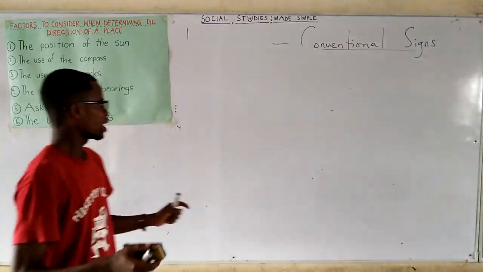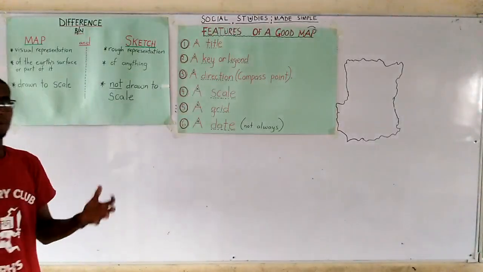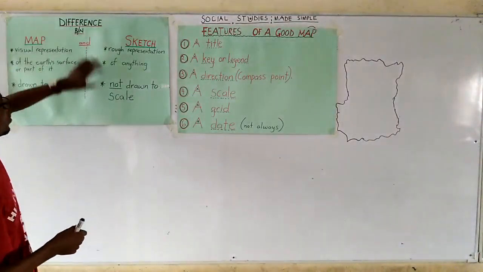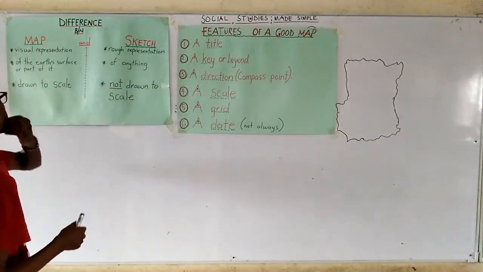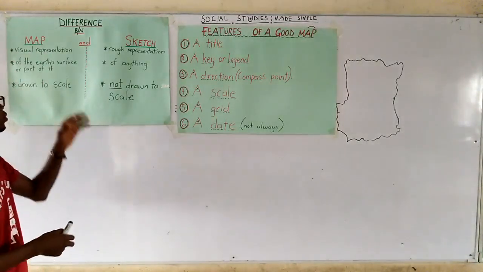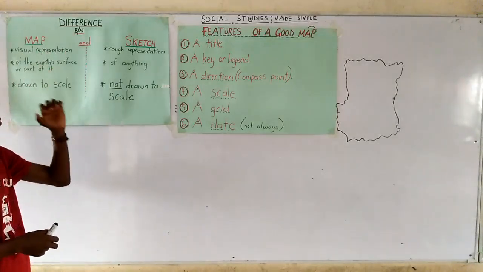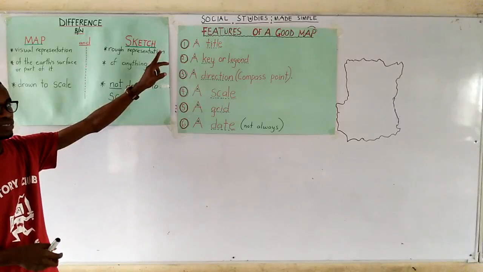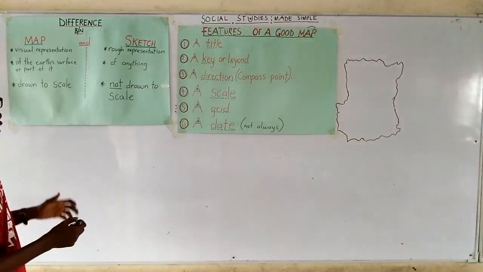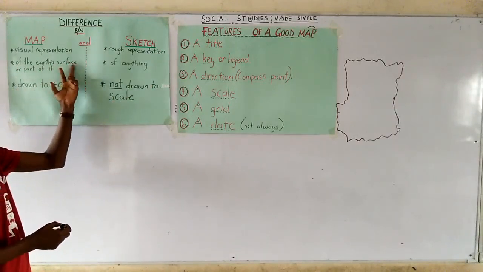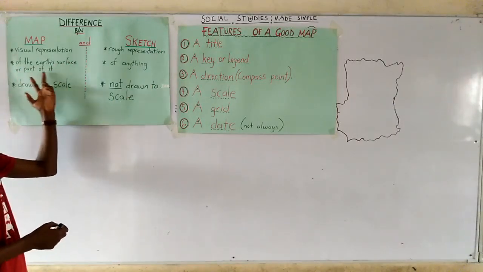So we'll look at the difference between a map and a sketch. When you take a map and a sketch, you see that a map is a visual representation, but the sketch has a rough representation. Another one is that it's the Earth's surface or part of it.